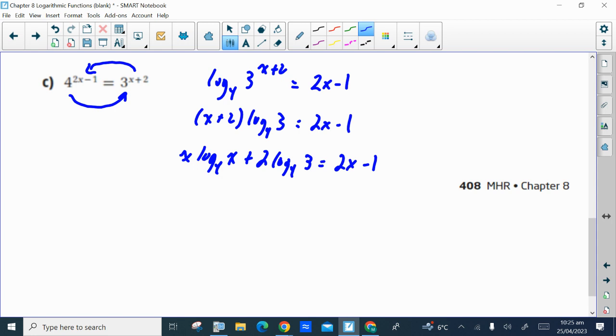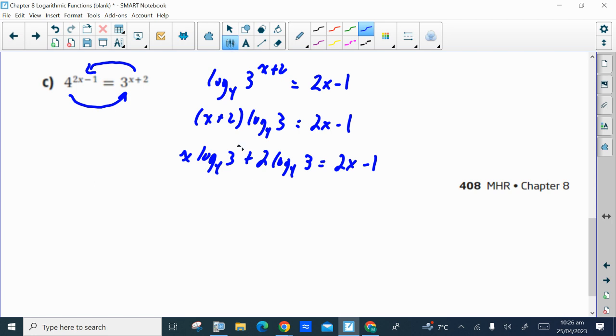Because remember, we want to solve for x. I multiplied out the brackets, both terms inside the bracket multiplied by the log base 4 of 3. I know I need to get x by itself, so I'm going to collect all the terms with x on the left side. Whoops, I don't know why I wrote x there. That should have been a 3.